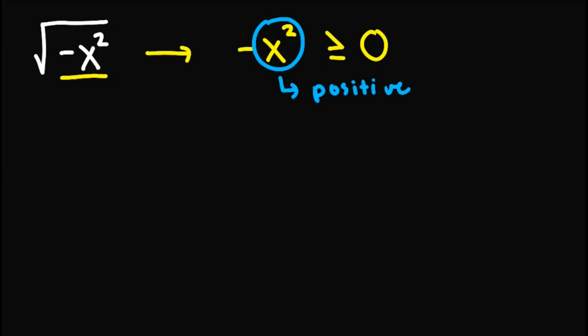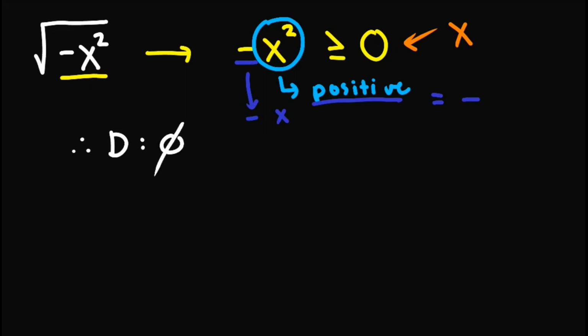X squared will only be negative if x is an imaginary number. Therefore, if we have a positive number times this negative sign, the outcome is negative. So for all values of x, this inequality won't hold. Therefore, the domain for this one is an empty set, since there are no values of x that satisfy this.